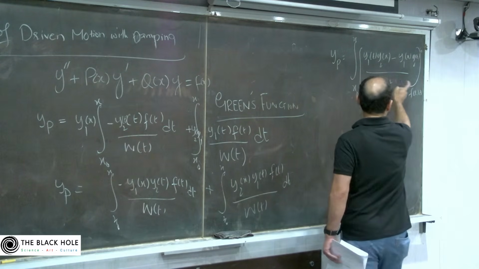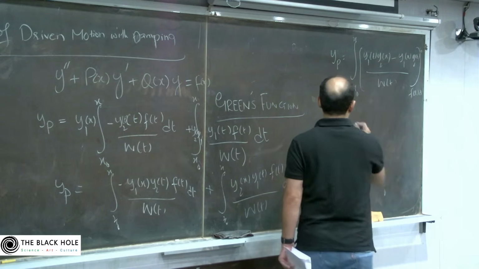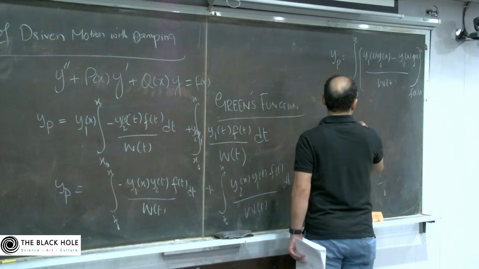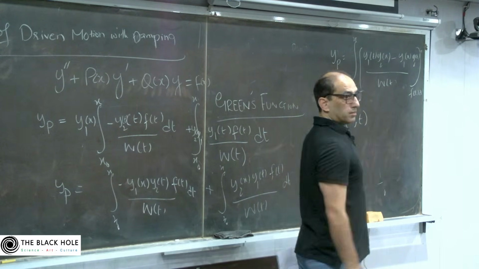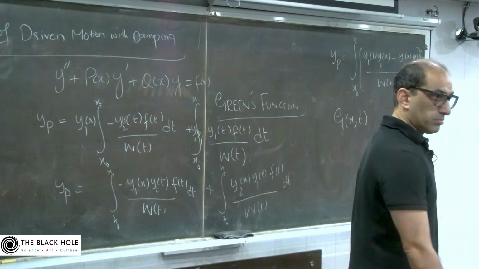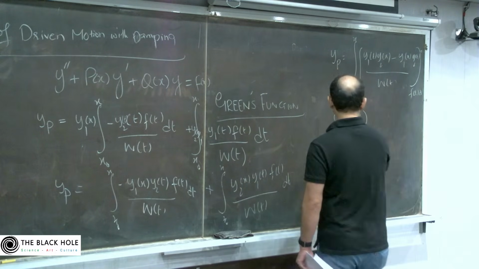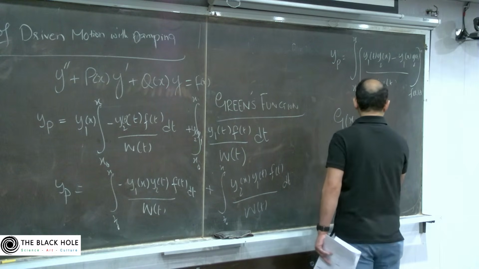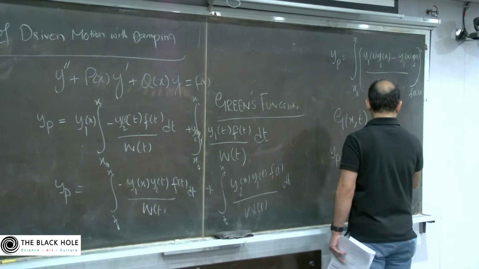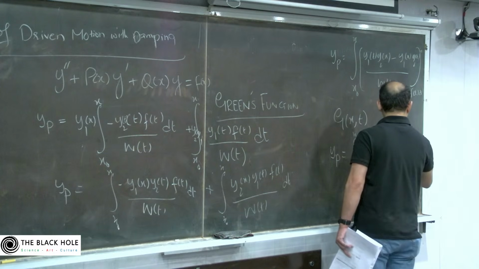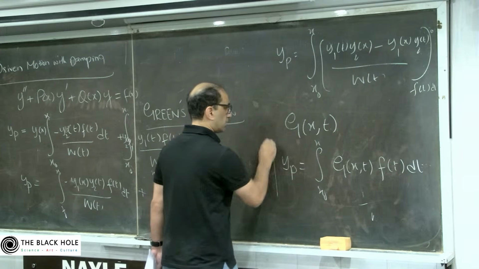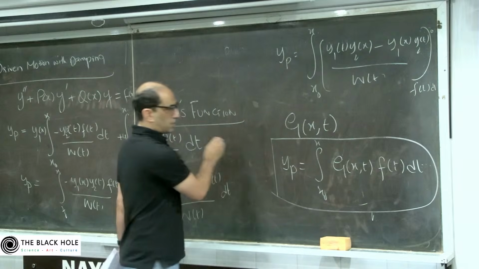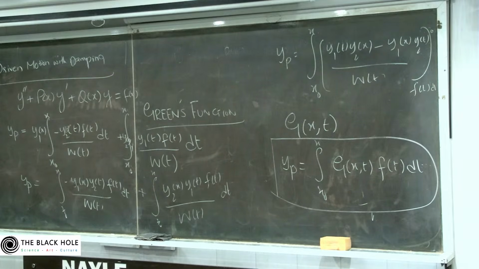This thing here we call the Green's function. This is a direct consequence of the method of variation of parameters.